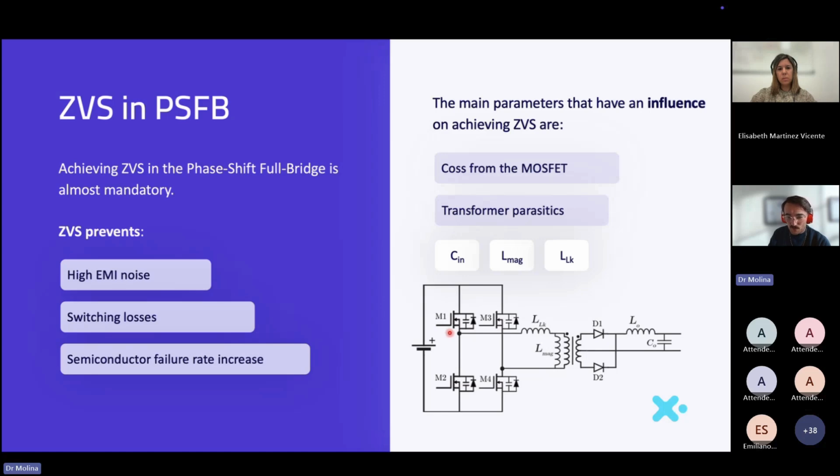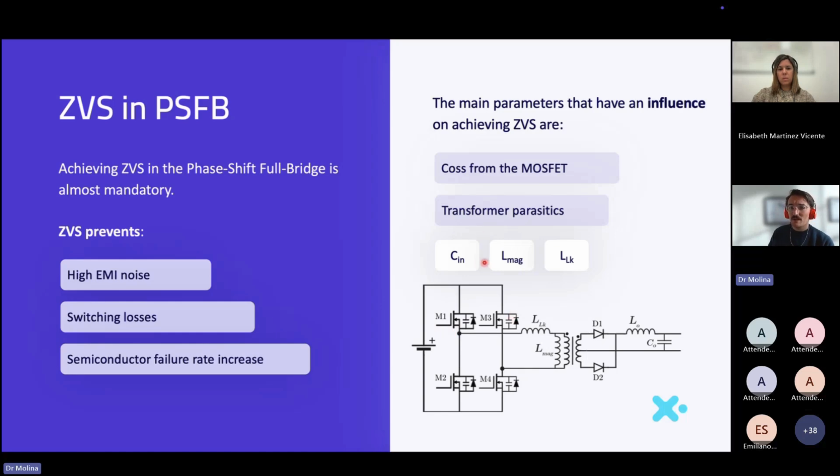The second thing is that if you open the door in a very hard way, the failure possibilities increase, because you are not taking care of the door, so you can break the door at some point. So there is a lot of interest in trying to reduce the switching losses.